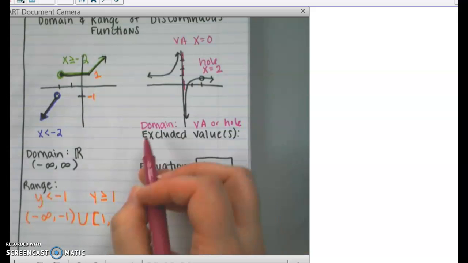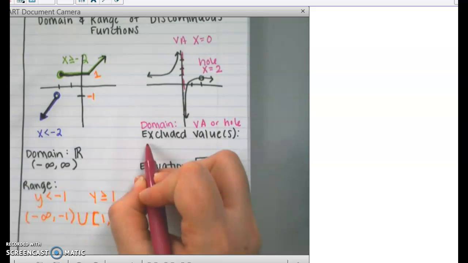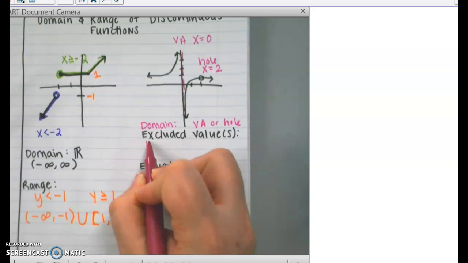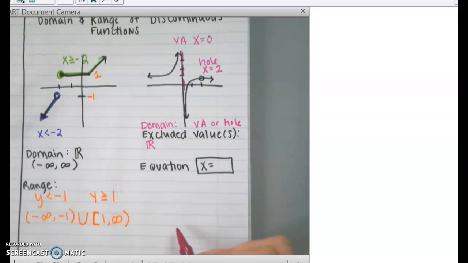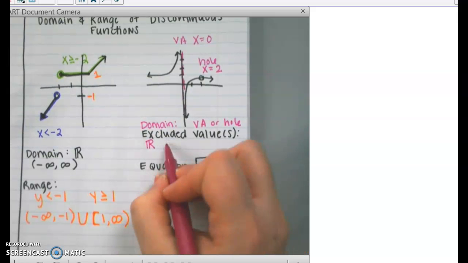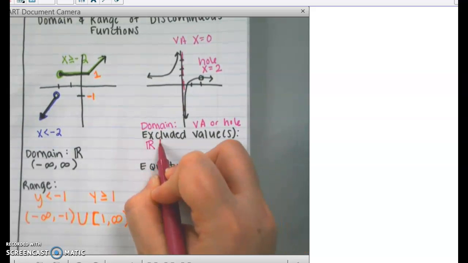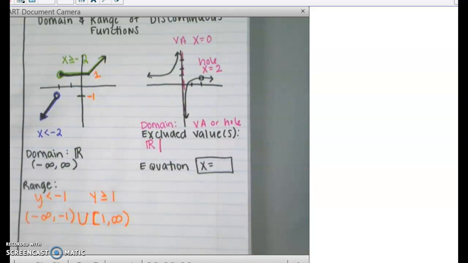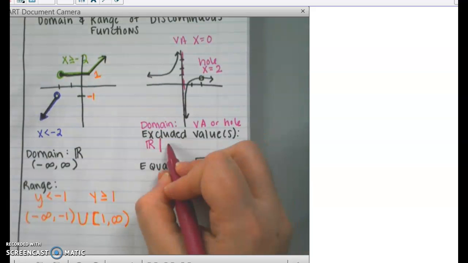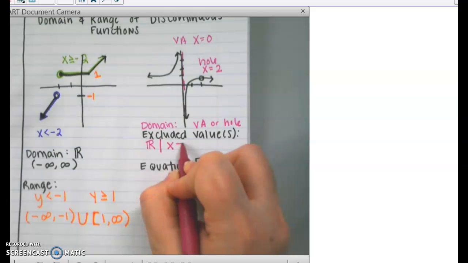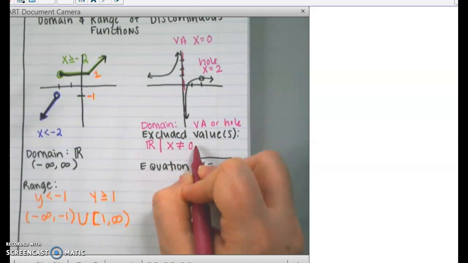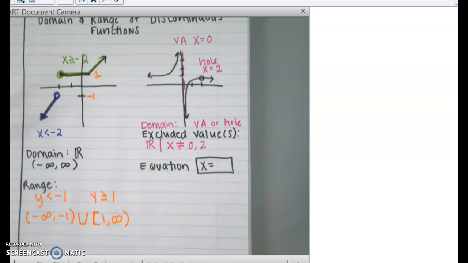If you're going to write the domain, what I would do is use the all real numbers symbol. There's usually a bar that comes after that. X cannot equal 0 or 2. So basically that's the shortcut.